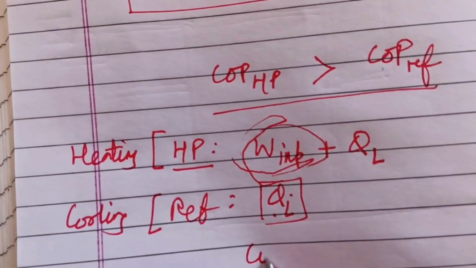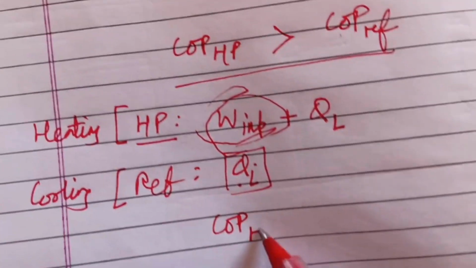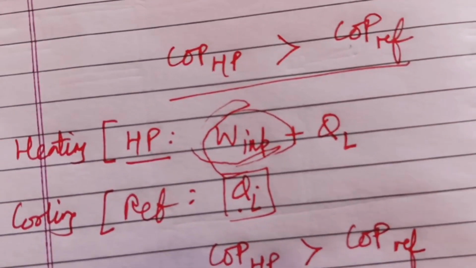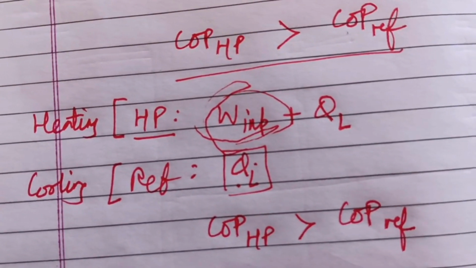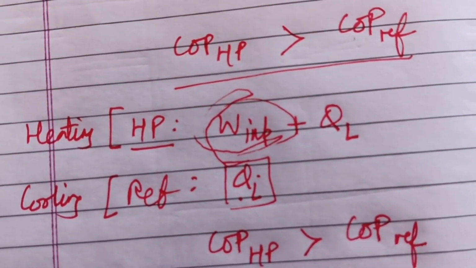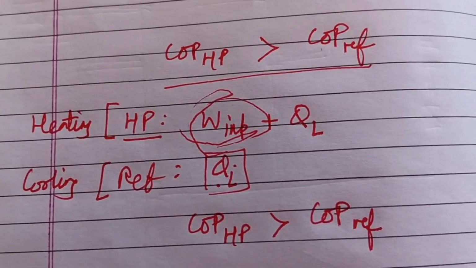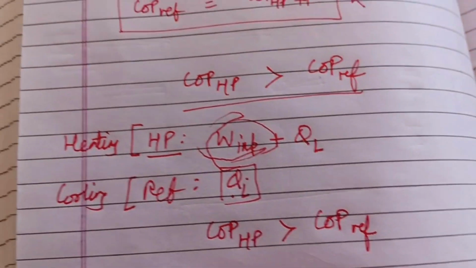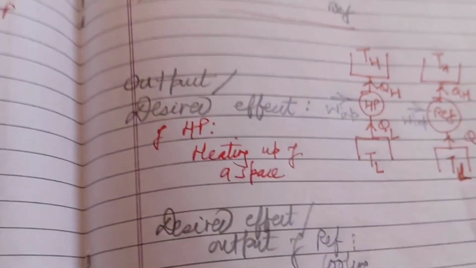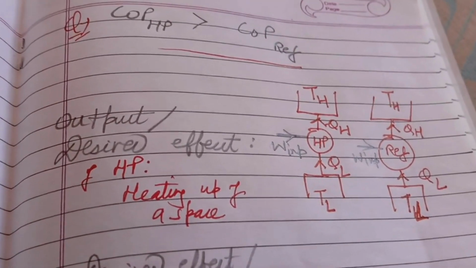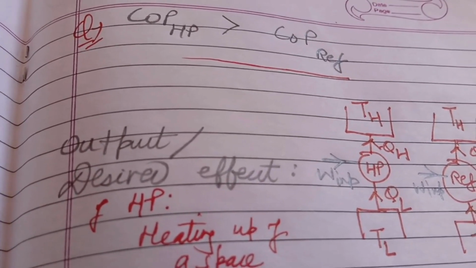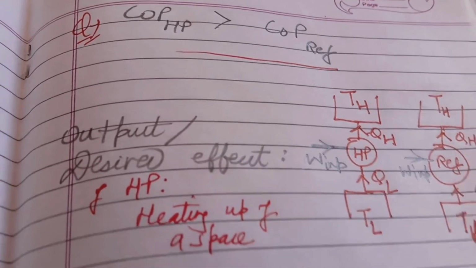So that is why coefficient of performance of heat pump is greater than that of refrigerator, because of the desired effect, because of the output that is being achieved, because of the effect that we want. I hope you got the idea, and I have just tried to put it in simpler words, how it is possible that heat pump is giving more coefficient of performance, right?